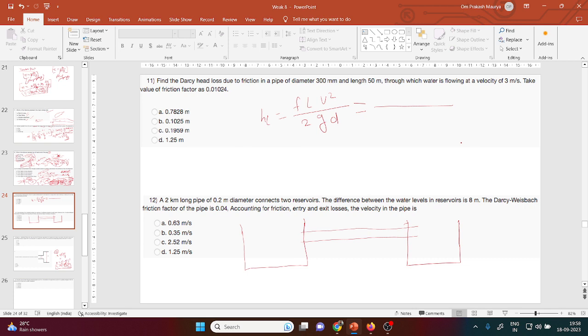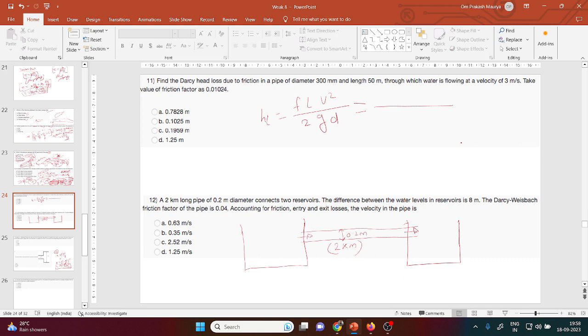The diameter of the pipe is 0.2 meter and the length is 2 km. This is the entry and this one is the exit.